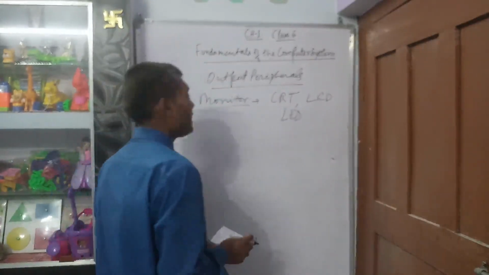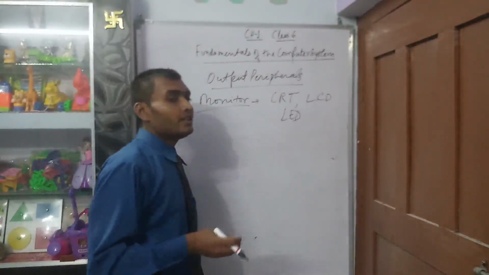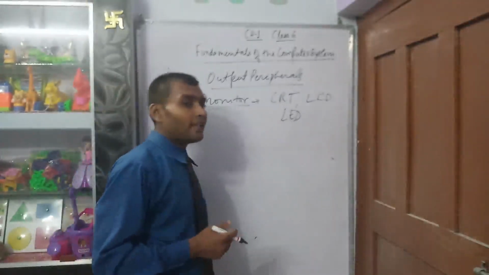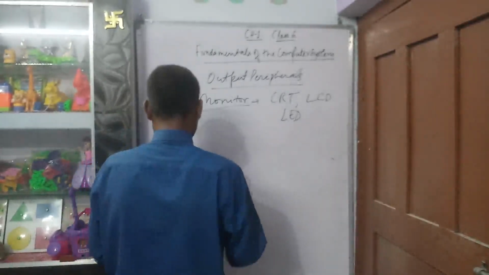These are the output devices which users use to see pictures, to see videos, and to view the text they type on the screen. So these are the types of monitors.